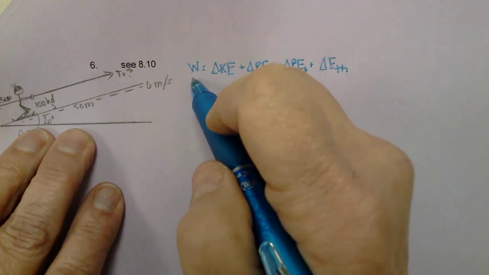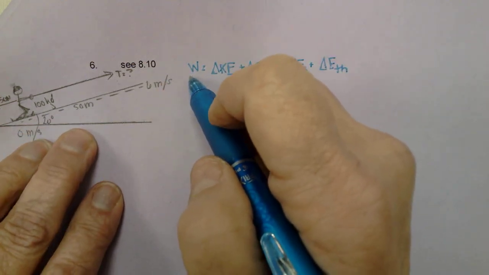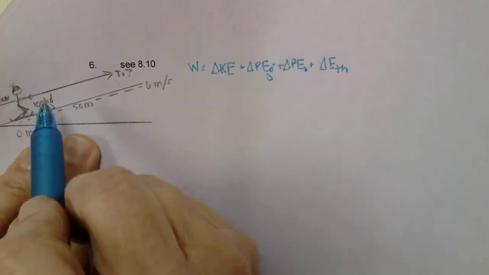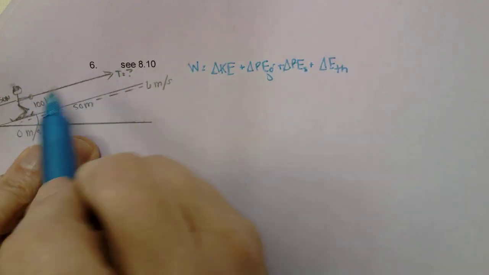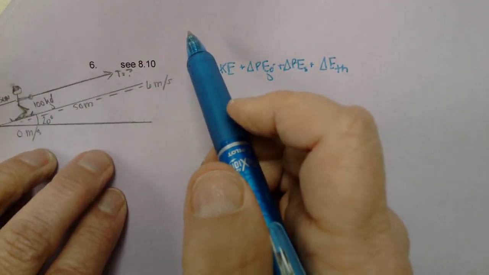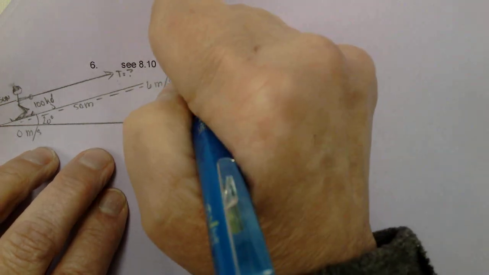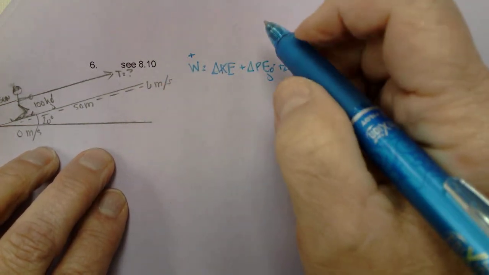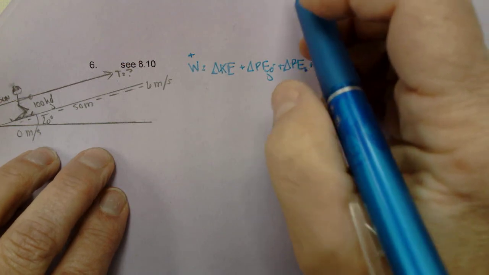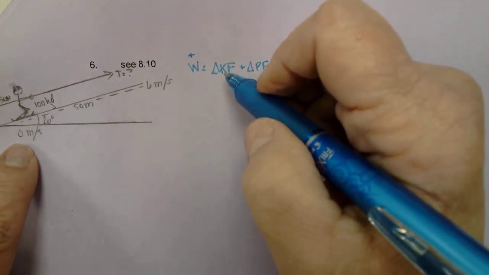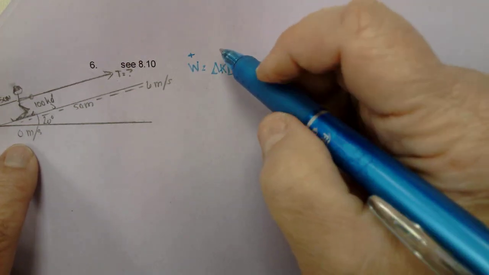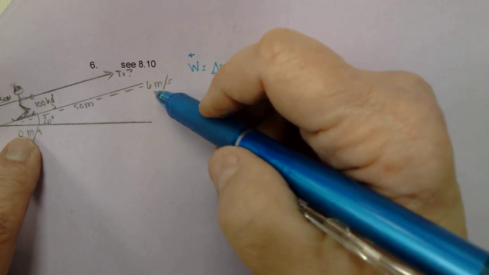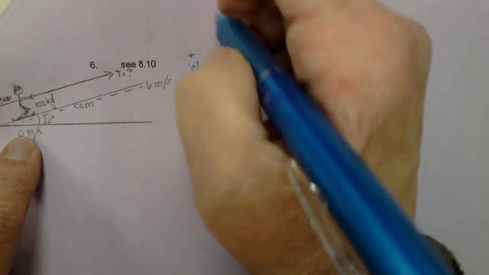By the way, I'm also wanting to identify, is work positive or negative? The force is going in this direction and the motion is in this direction, so my work is going to be positive because it's cosine 0. For delta KE, I have 0 meters per second here, 6 meters per second here, so that's going to be positive.